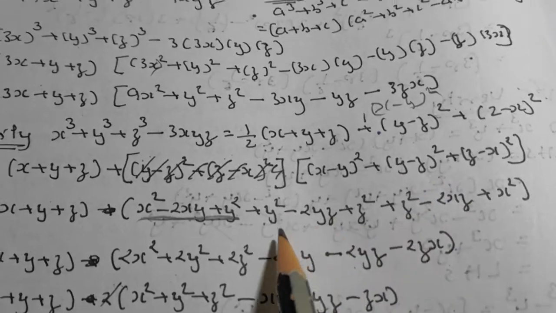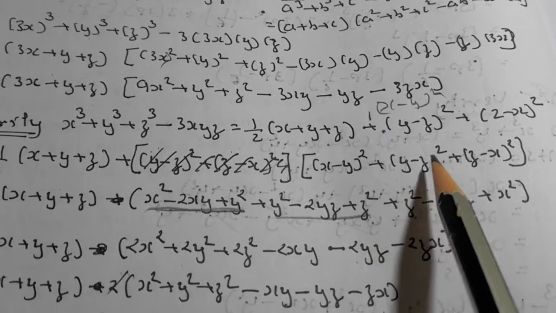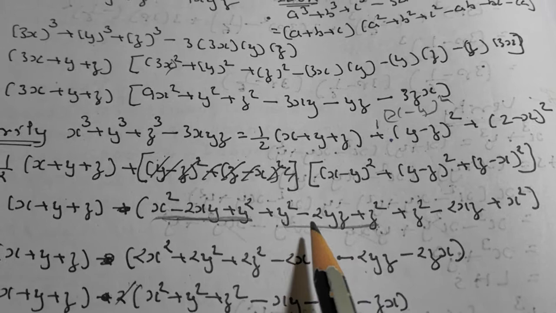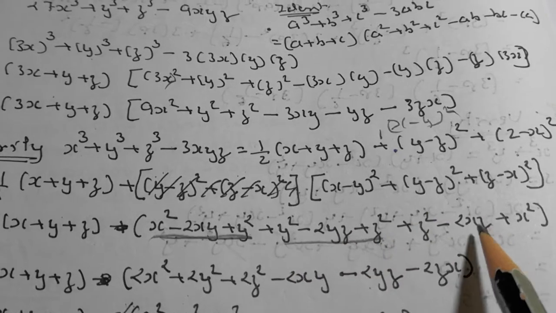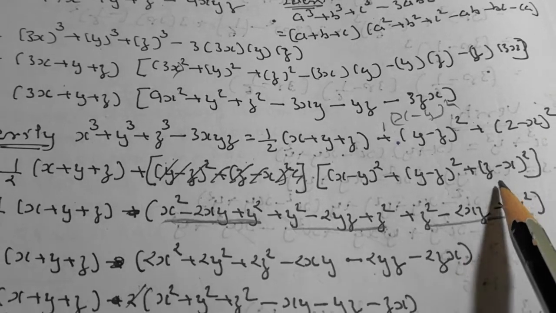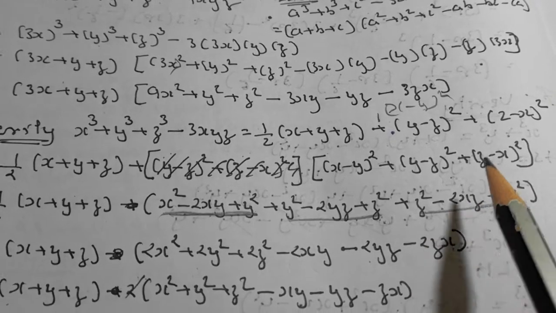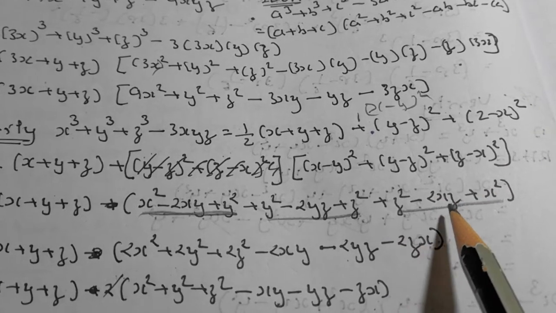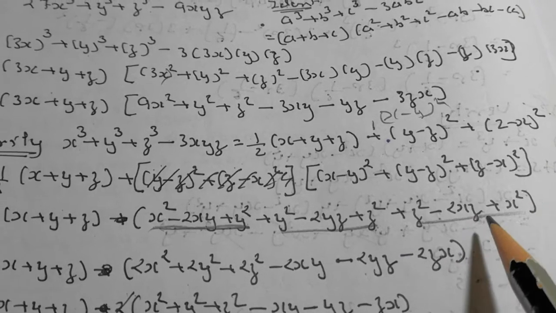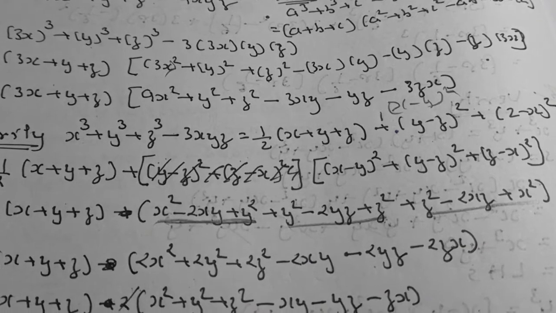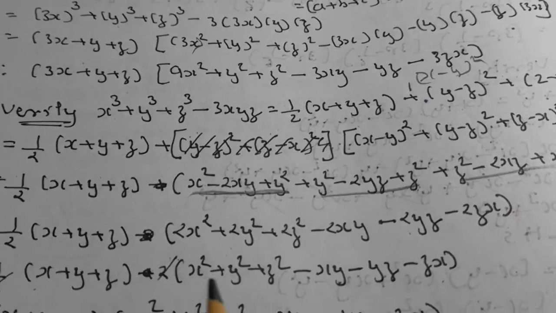Here also I have to expand (y minus z) whole square. So it is y square minus 2 into first term into second term plus second term square. And the third also the same thing, (z minus x) whole square: first term square minus 2 into first term into second term plus second term square. This is the identity I have used, (a minus b) whole square.